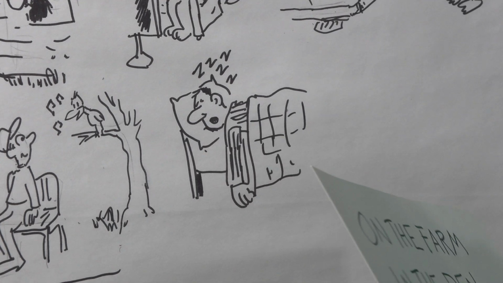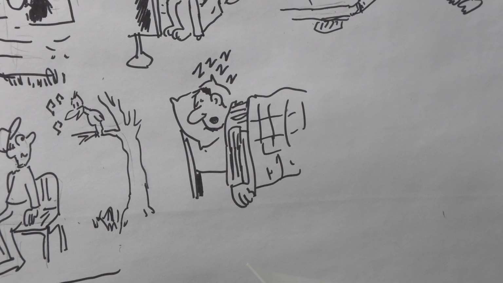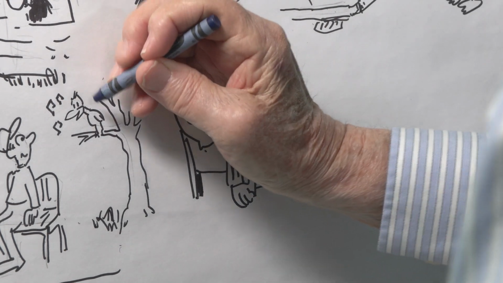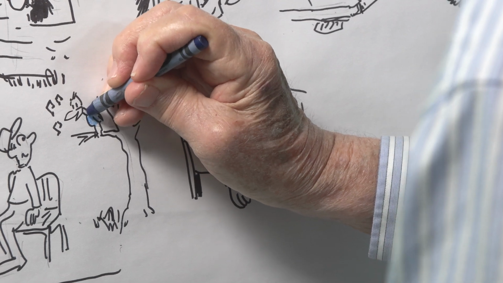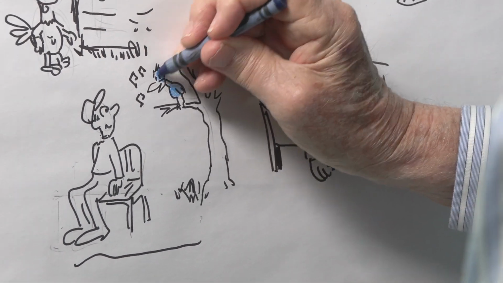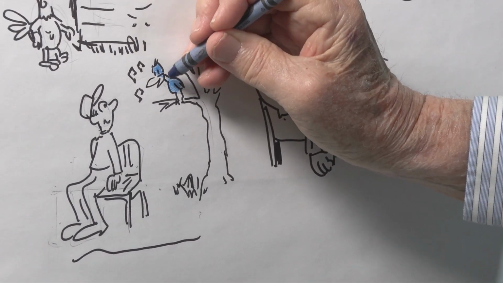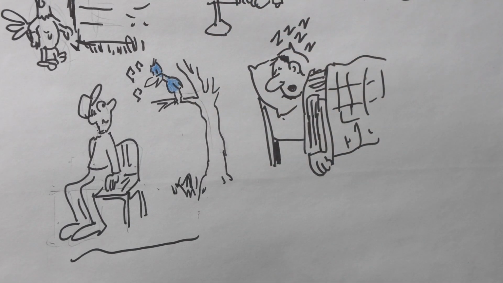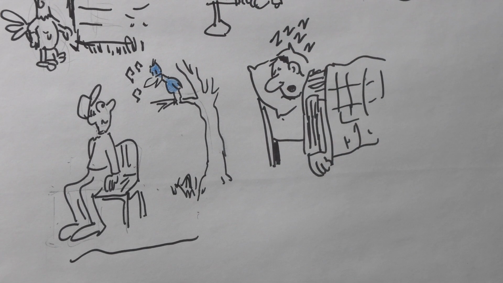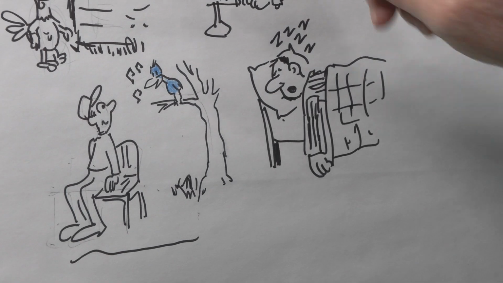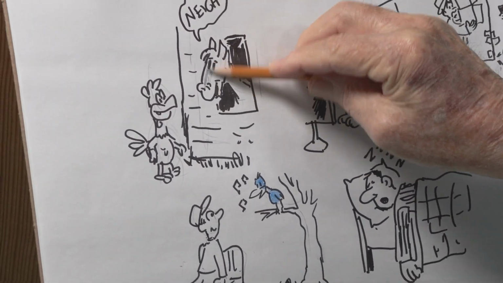I want to put some color here and there on these drawings. I'm going to start with the bluebird because I remember I mentioned he was a bluebird, and I don't want to forget and put the wrong color on him. And my horse character here is a gray horse.